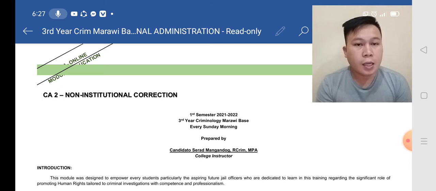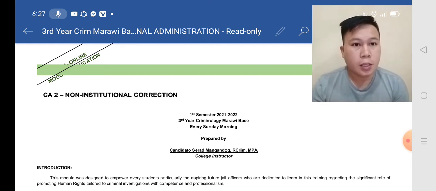By tackling this, you are going to distinguish the difference between probation, pardon, parole, and many other privileges given to jail inmates after having served their minimum or having served part of their correctional sentences.